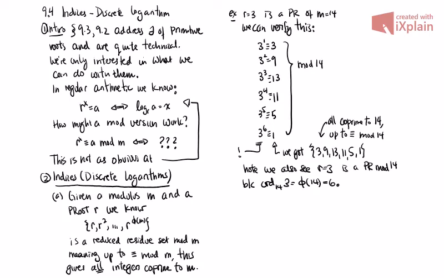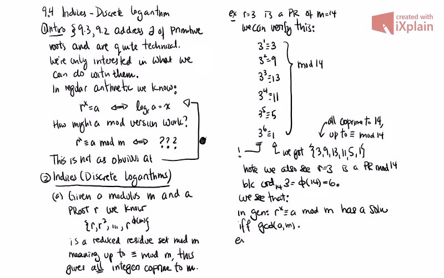At this point, we can see something that addresses this statement back over here a little bit. In general, r to the x is congruent to a mod m has a solution if and only if a is coprime to m.